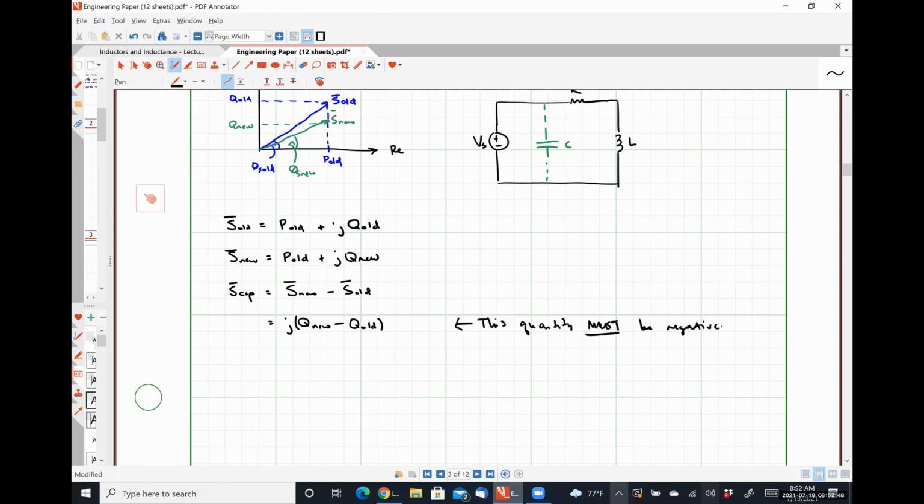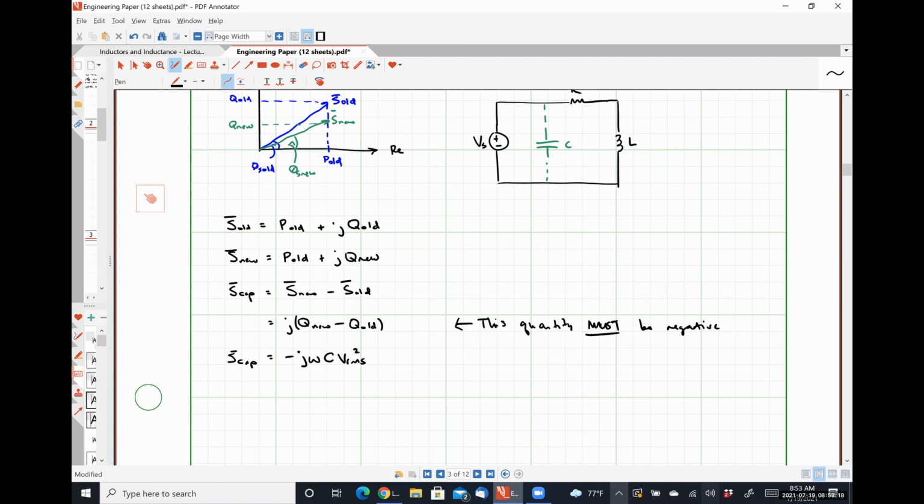Okay. Now, the alternative relationships that we defined just a couple of minutes ago told us that the complex power supplied by a capacitor was negative j omega C times the RMS voltage across the capacitor squared.